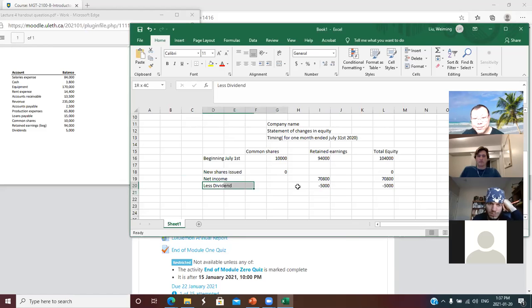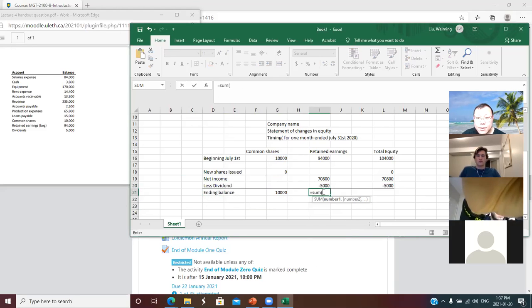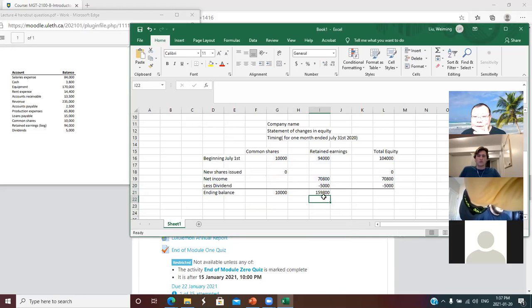Now here's the total. Okay, ending balance. Common shares, that's still 10,000. Retained earnings ending balance would be 59,800. That's the opening plus income minus dividend.